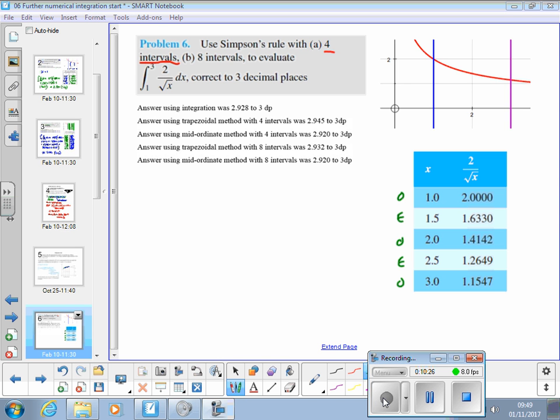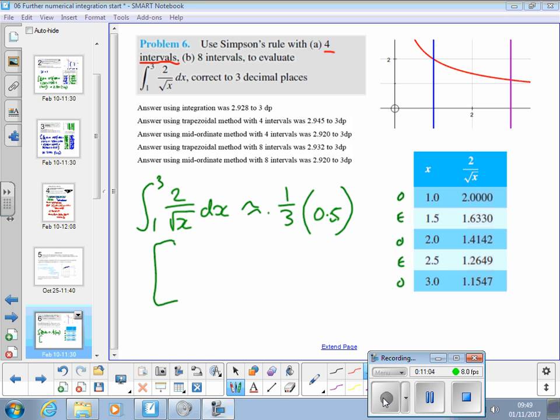Right, so let me do this one on the board, and then you can do the 8 intervals on your own. By Simpson's rule, the integral between 3 and 1 of 2 over root x dx is approximately equal to 1/3 times the interval width, 0.5, times the first and last ordinates, the value of them.